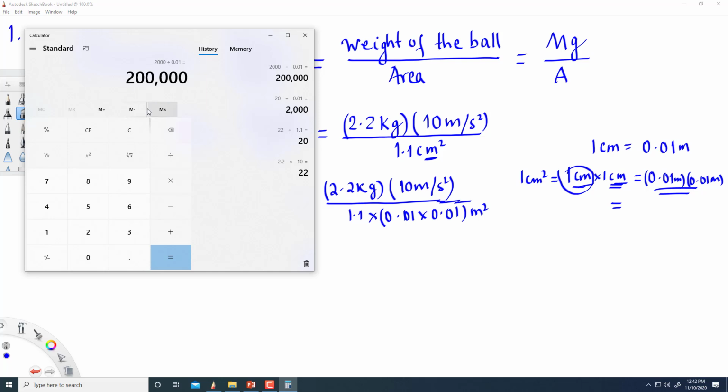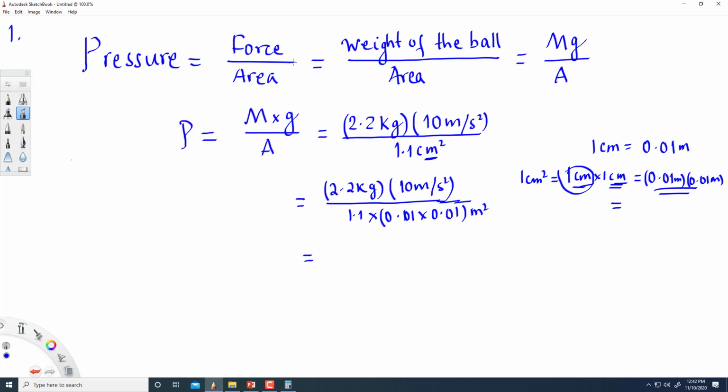So that gives us 200,000. Okay, so this is 200,000, and the unit of pressure is Pascal.